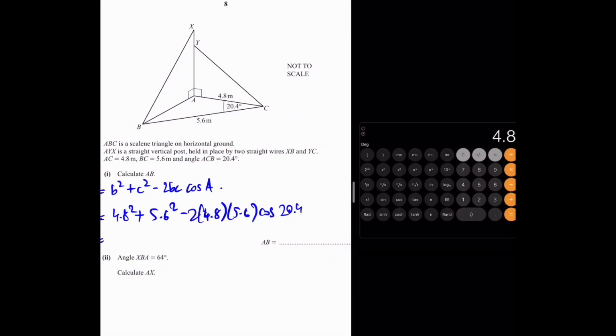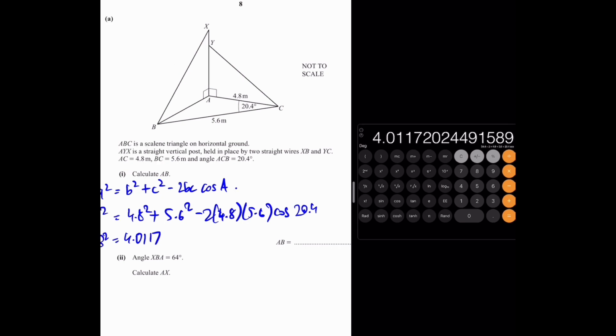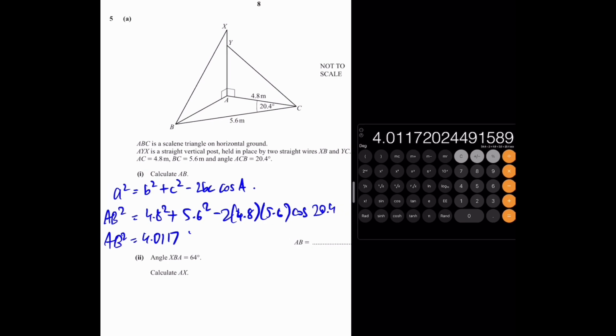So 4.8 squared plus 5.6 squared minus 2 into 4.8 into 5.6 times cos 20.4. That will be 4.0117. Now we can just square root this. So AB is equal to the square root of that, which is approximately 2 meters.